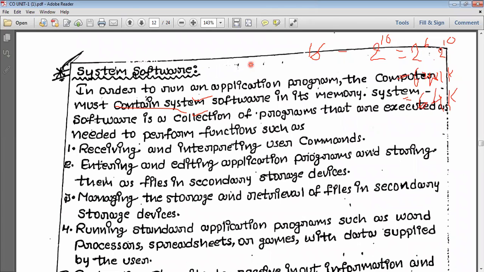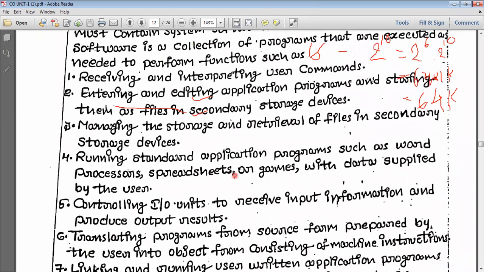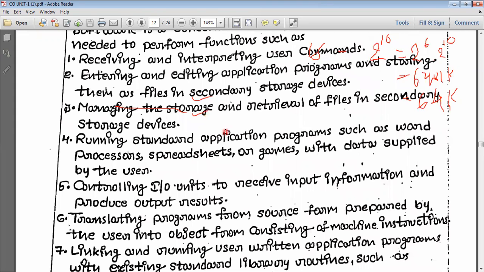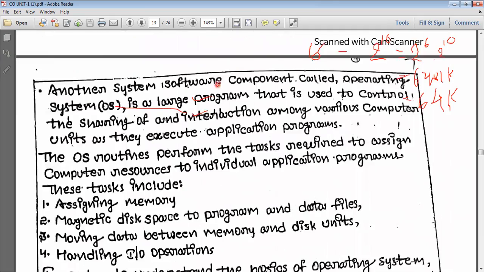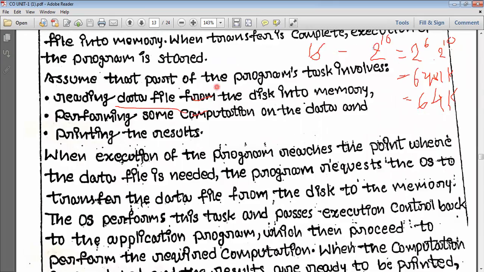System software, like the OS, is permanently stored in the computer. That is about the system software. So totally these are the points. If you read these points, then you can understand.